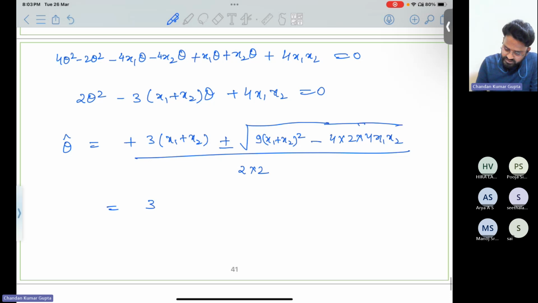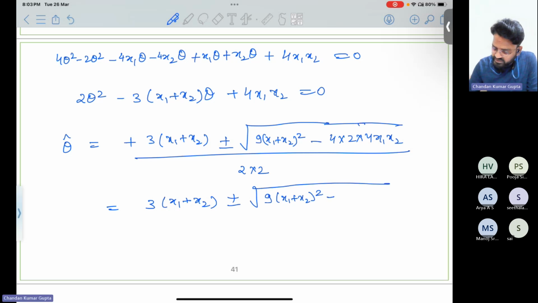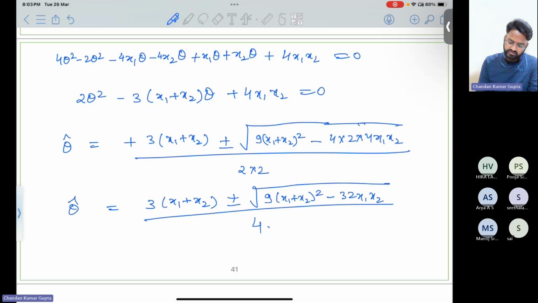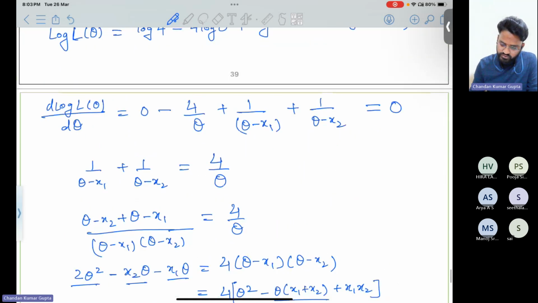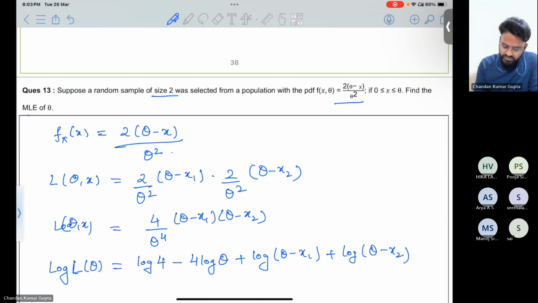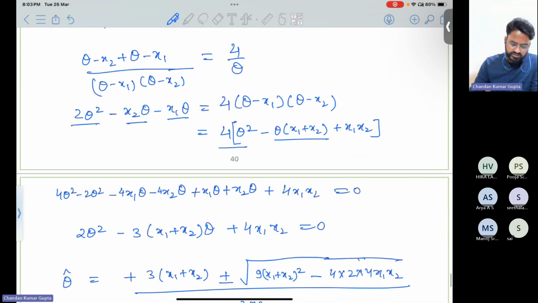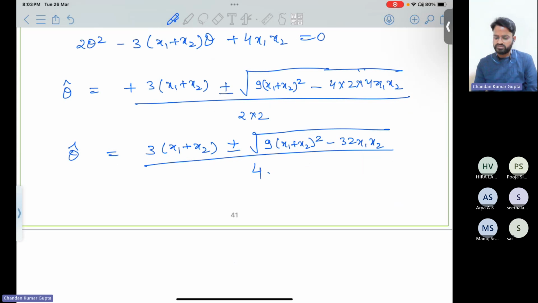This comes out to be 3 of x1 plus x2 plus minus root of 9 of x1 plus x2 square minus 32 x1 x2, whole divided by 4. So this is our estimate for theta. You may also solve this in a more general form, but this is the case. If we have the values of x1 and x2, then we will put the values and solve for the numerical value of theta as well.